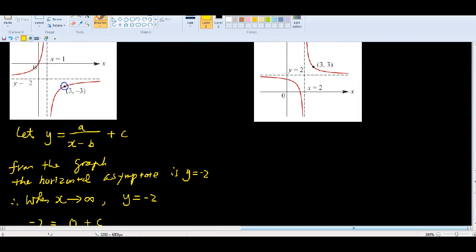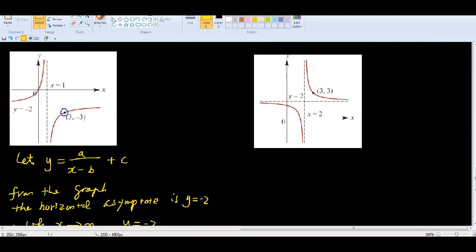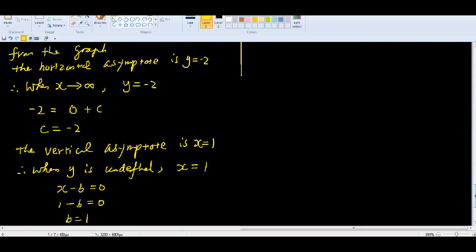Okay, so let's try another one. Okay, for this one, so let's do some partition first.